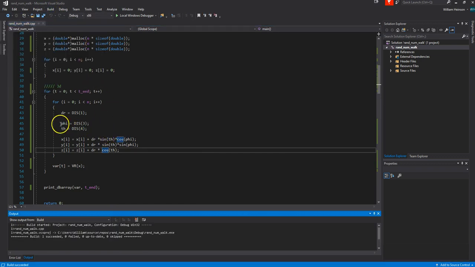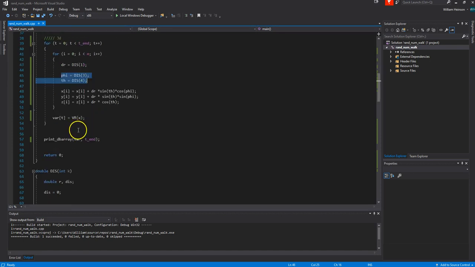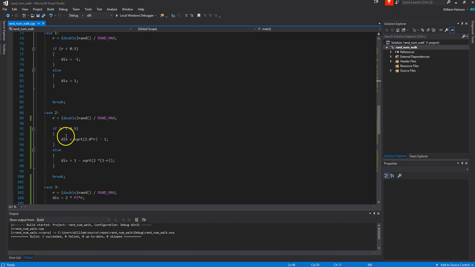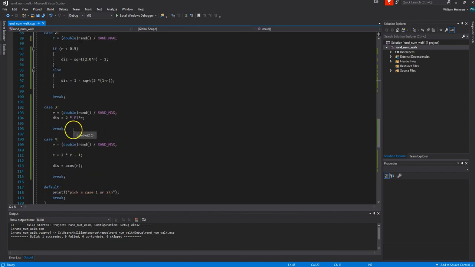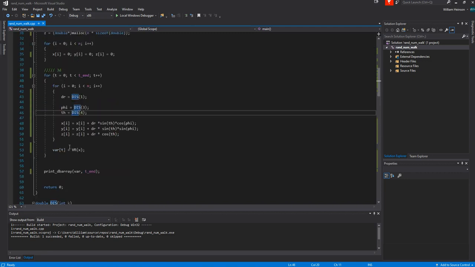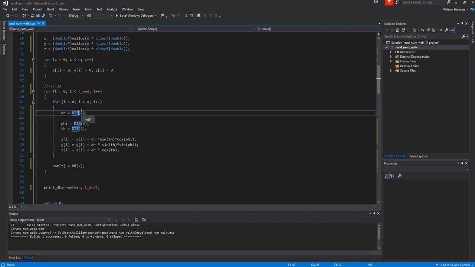And it makes it really compact, right? Because I'm using the case statement to kind of cheat, well, not cheat, but I'm using the case statement to do everything. All my random sampling is in this switch case statement. So I call it here with 1 because I'm moving dr in case 1. Phi is always going to be 3. Theta is already 4.